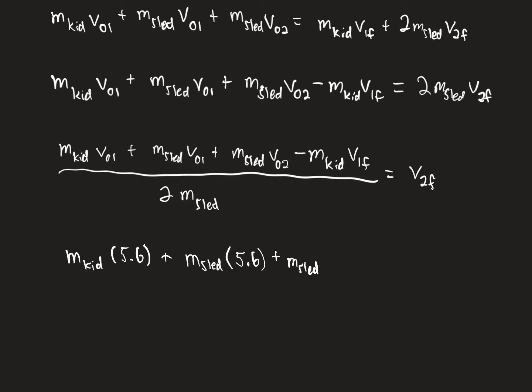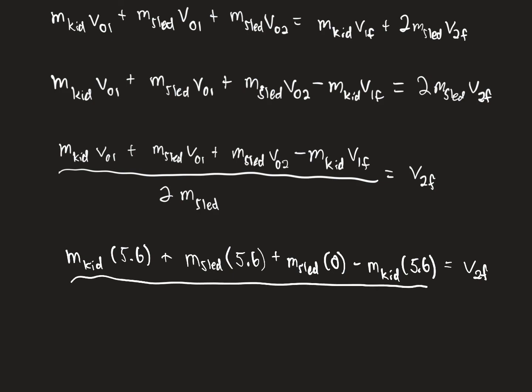Initial velocity of the second sled is? 0, because it's not moving. So that will go away. Minus the mass of the kid. What's the final velocity of the kid? 5.6 equals V2F. And we still need to remember to divide that left-hand side by 2 times mass of the sled. Hopefully some stuff is going to cancel out.